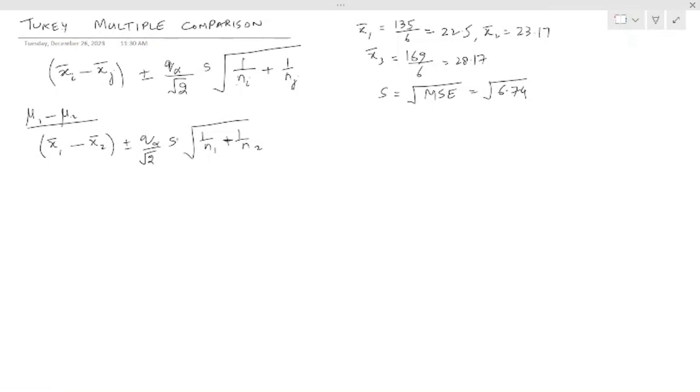S, the standard deviation, which is equal to the square root of MSE, would remain the same as well.